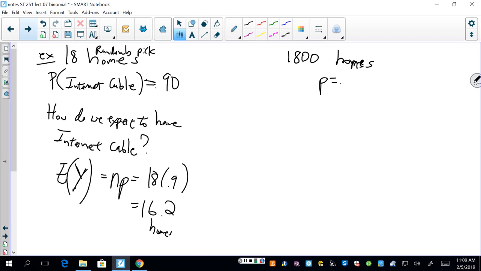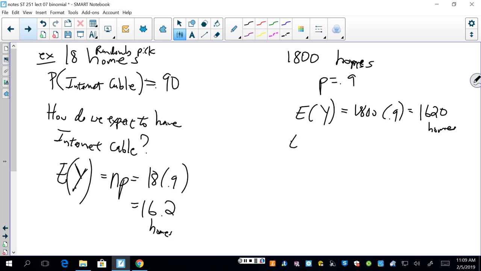If the probability is still 0.9, then the expected value of the number of homes, again, is 1,800 times this. So it's 100 times what it was before. So it should be 1620 homes on average would have that.